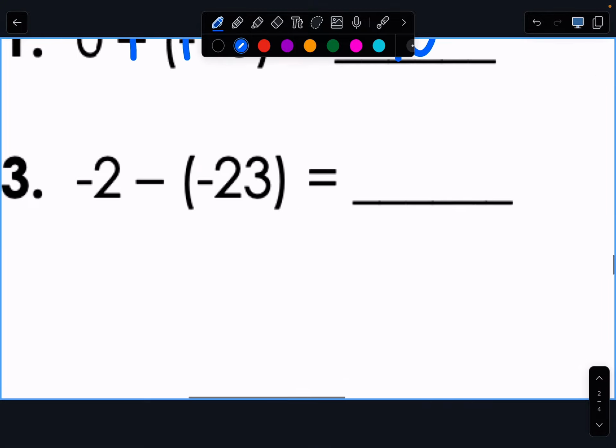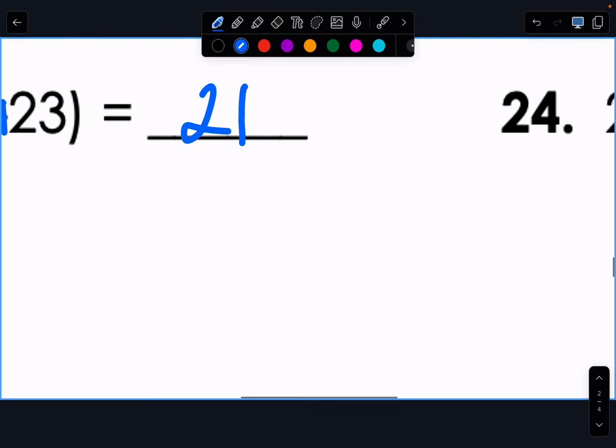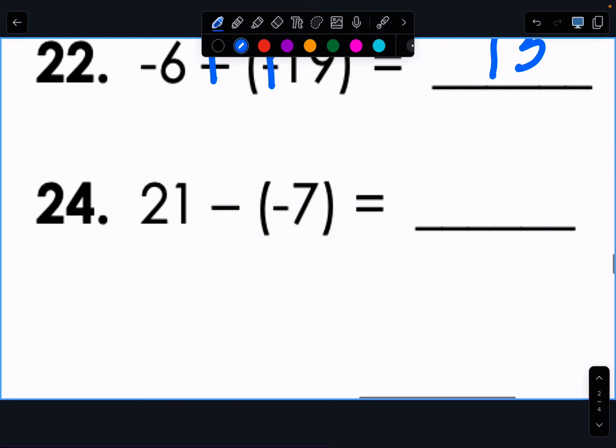Landon, what do we got for number 23? 21. If we add the opposite, we now have negative 2 plus a positive 23. Okay. Amari, what do you have for 24? Amari has 28. If we add the opposite, you're right. We have 21 plus positive 7.